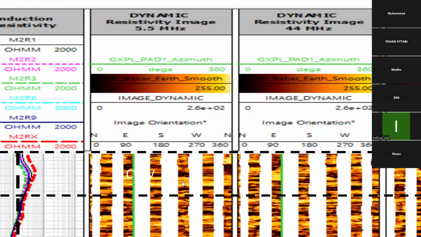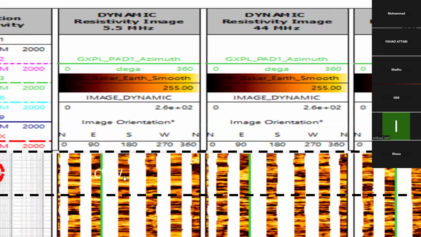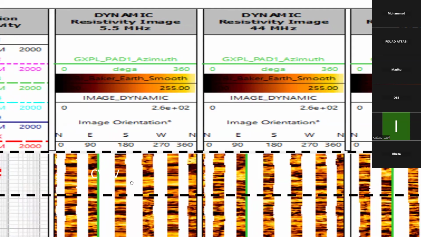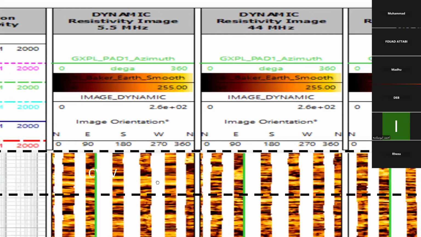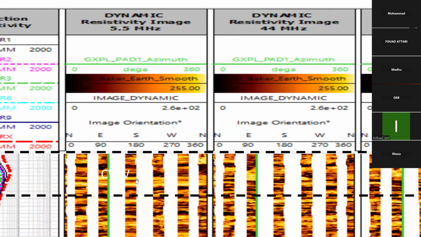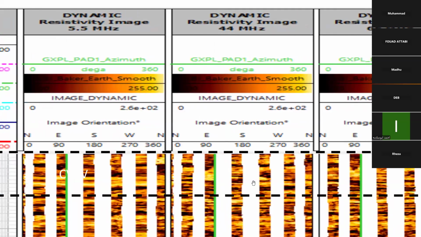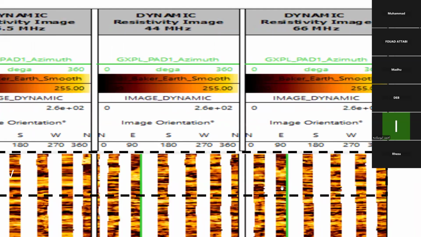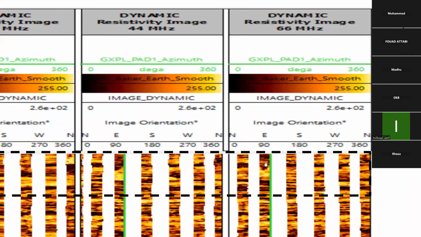This is a low frequency mode, and the data is structureless, or the features are less in this example, while the data comes with a high resolution, high structure feature in high frequency mode.